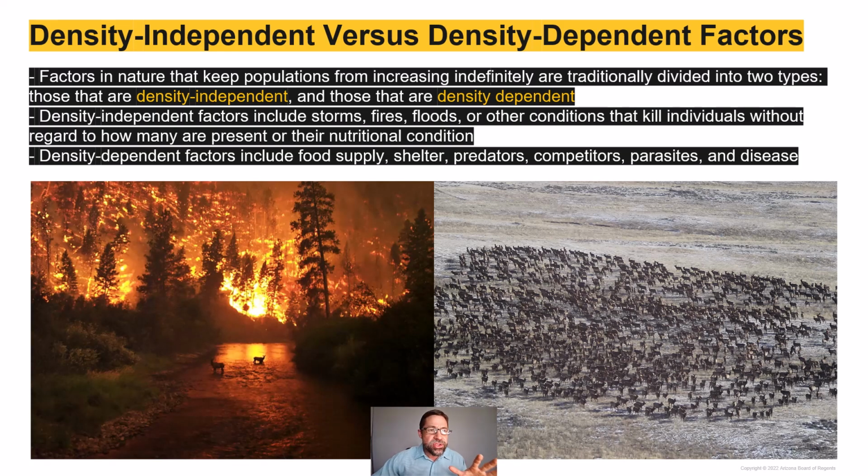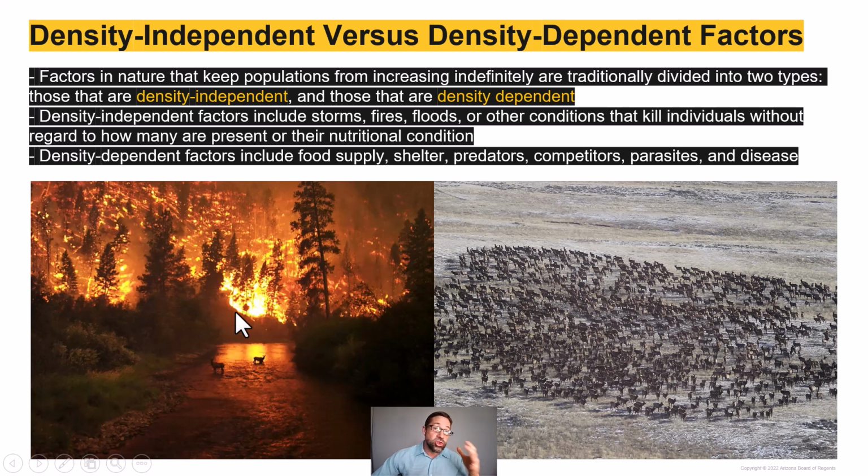So factors in nature that are going to keep populations from increasing indefinitely are traditionally divided into two types. There are factors that are density independent, as well as factors that depend upon the density of the population, considered density dependent factors. So let's start with density-independent factors.